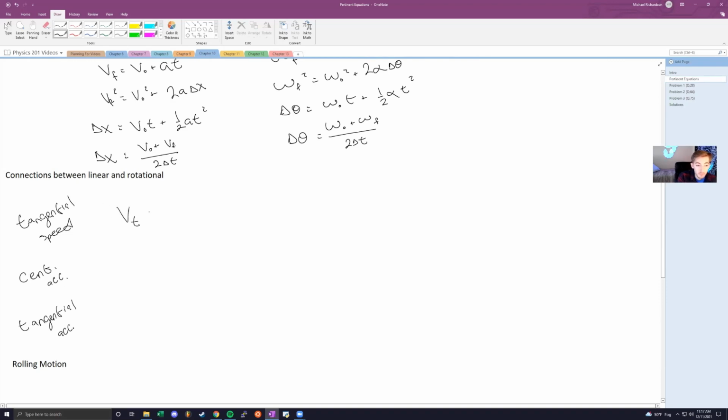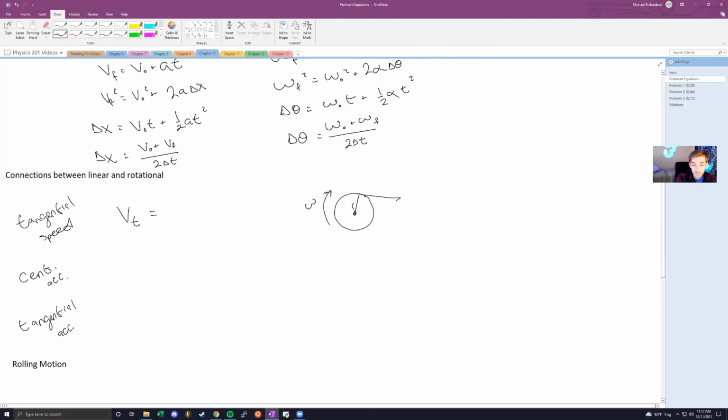Our tangential speed, or our tangential velocity, is, if we have our circle right here, we have our radius r, and we have some angular velocity that is going clockwise.